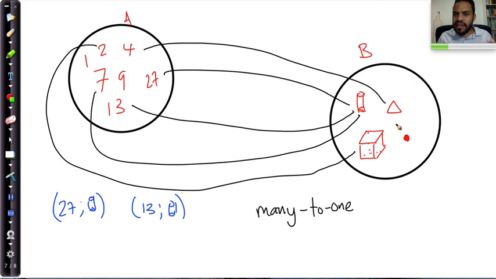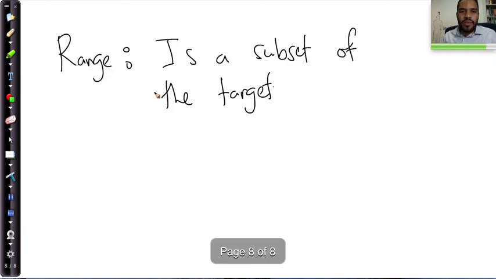Just a triangle on its own, which is some of the members of the target, that forms a subset. If I use all of it, it is called a proper subset. It is going to be a subset that contains the entire set of the target. Okay, so the range is a subset of the target. That's the first thing we need to note.